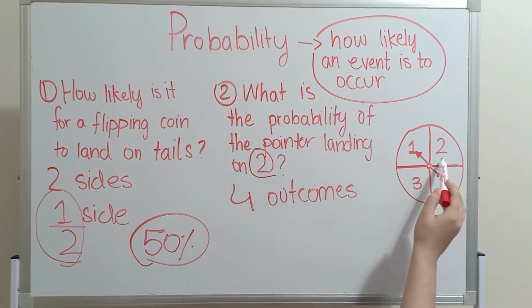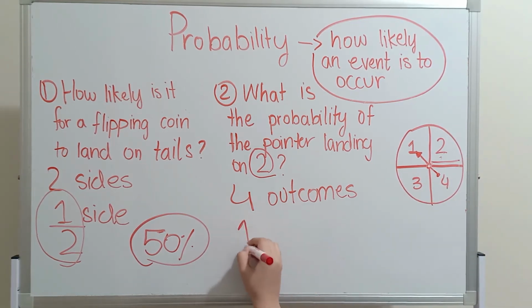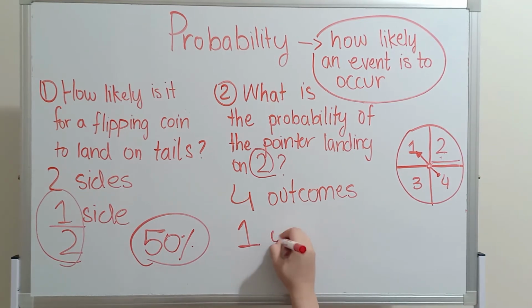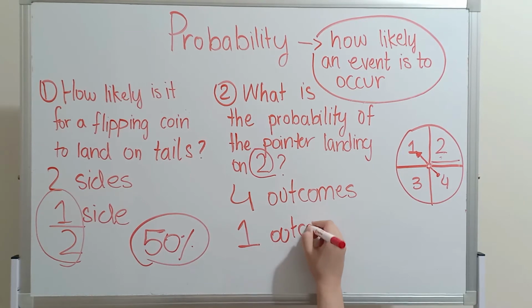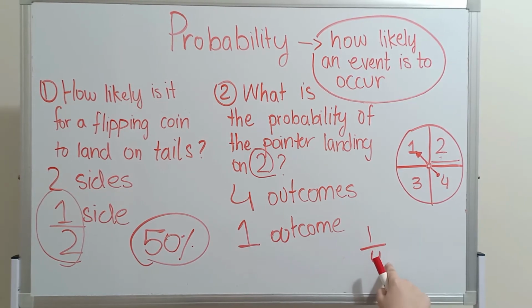The 2 is here, and that is only 1/4 of the whole circle. So the probability of the pointer landing on 2 is 1 out of 4, where 1 is the outcome we want and 4 is the total number of outcomes.